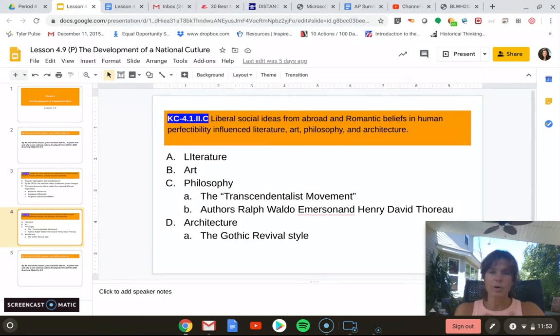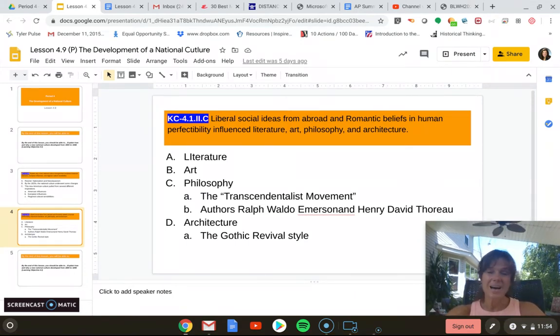Henry David Thoreau spends a year living in a cabin at a pond. The name of the book he writes is called Walden, because the pond is Walden Pond. And he simply writes of his experiences and how getting into nature has truly made him the person that he is. So those two men are the key figures of the Transcendentalist movement.